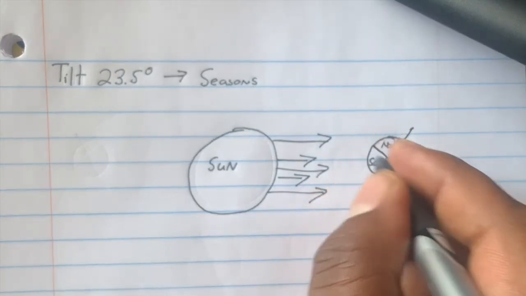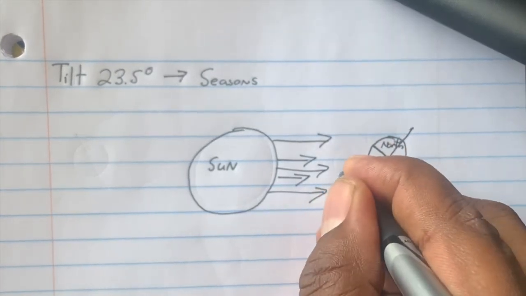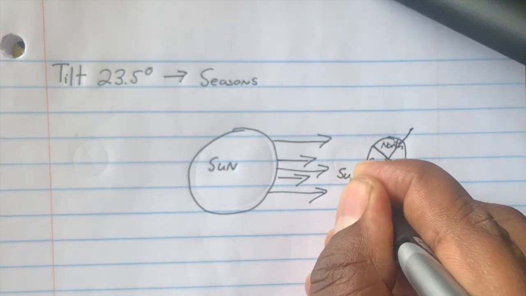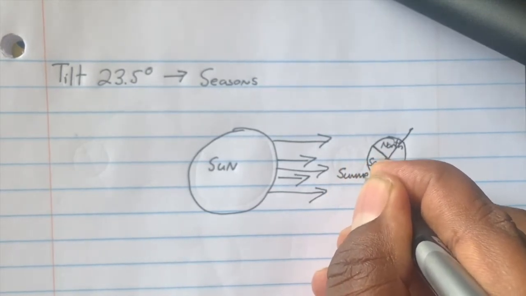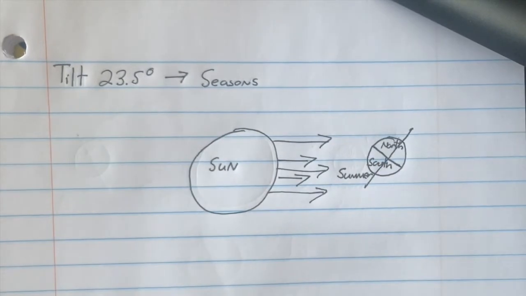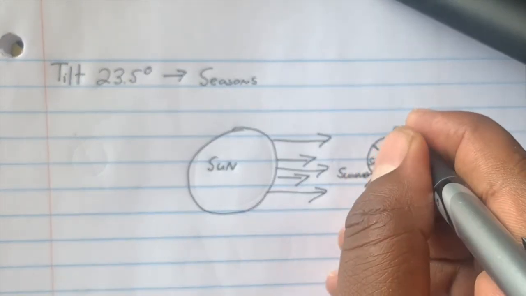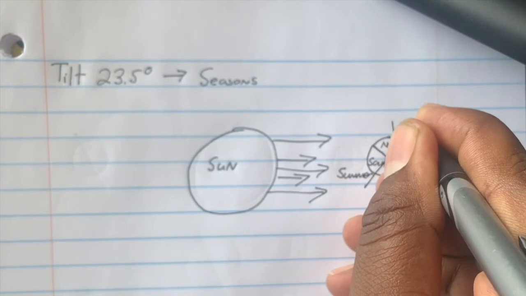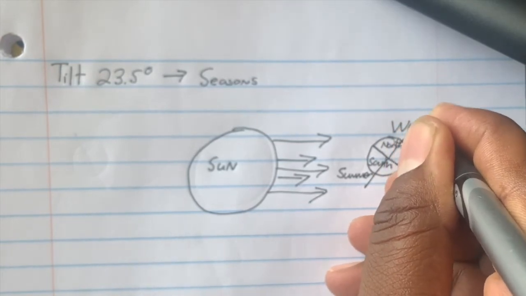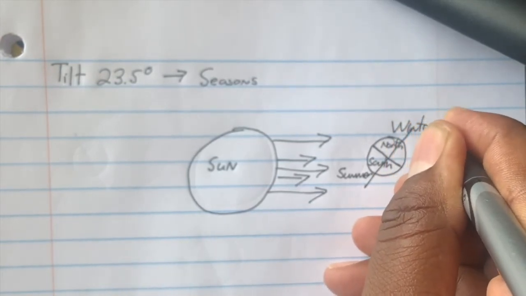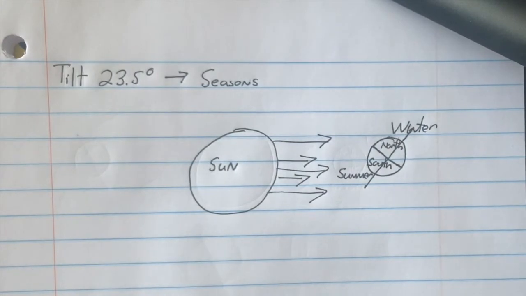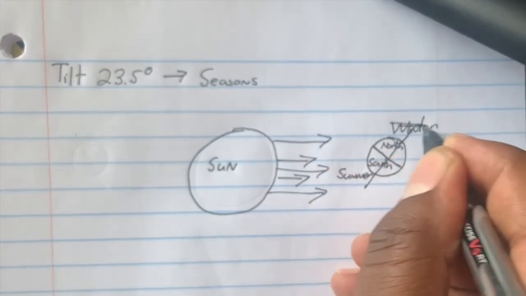So the southern hemisphere right now is experiencing summer. All right, which means the northern hemisphere is experiencing winter.